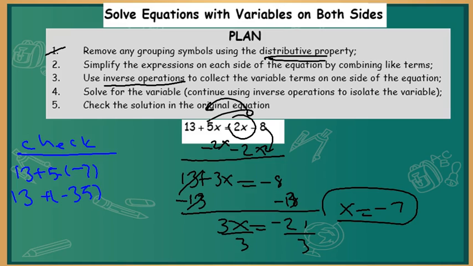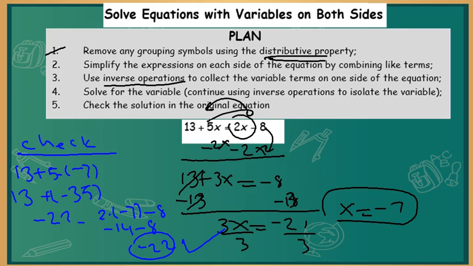So when I combine them together, I'm going to get negative 22. Then I do the same thing for this side, 2 times negative 7 minus 8. 2 times negative 7 is negative 14, minus 8, so we got negative 22. So when I plug this number back into the original equation, both sides yield the same number, which is negative 22. So it checks, our answer is true.